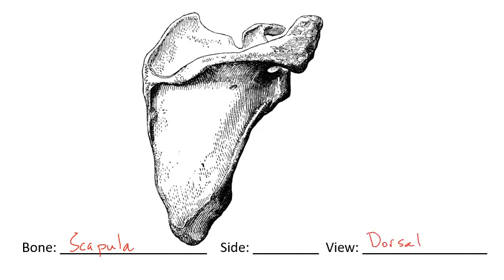Okay, so you got that, great. Therefore, if this is dorsal, we're looking at the back. This is exactly the way it would look if it was on my body, as I'm pointing to this. So this is the back. This is the right scapula.